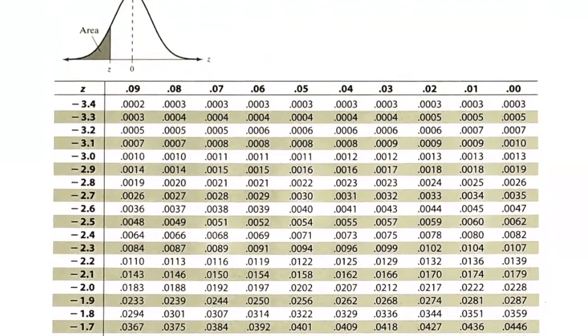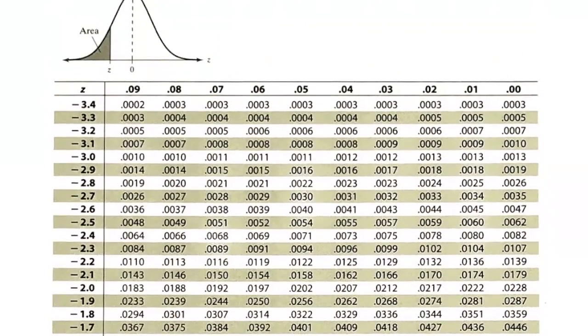Whole lot of numbers. And what you're going to notice is it's showing you here that this table gives you the cumulative area from the left edge of the graph to whatever z-score you are looking up. You'll notice you have z here, and then you have numbers down and numbers across.